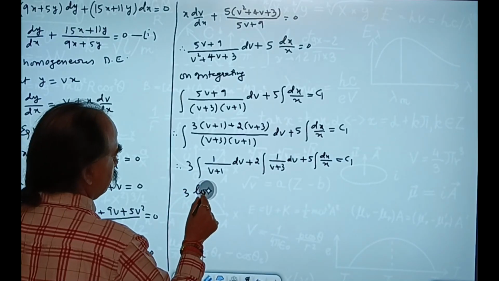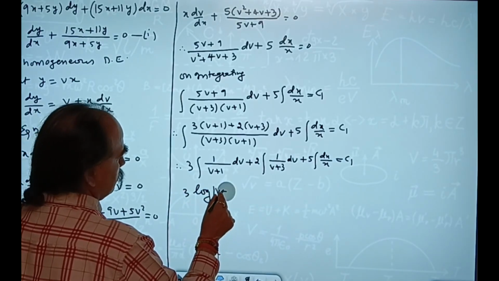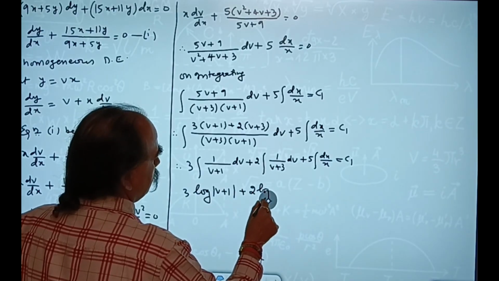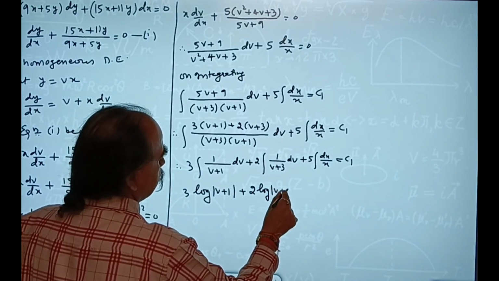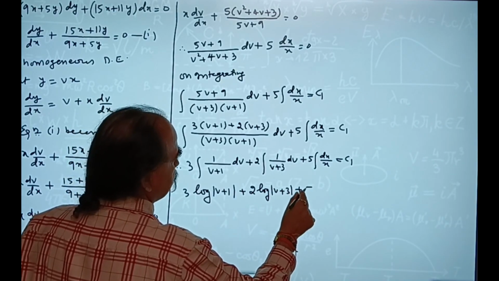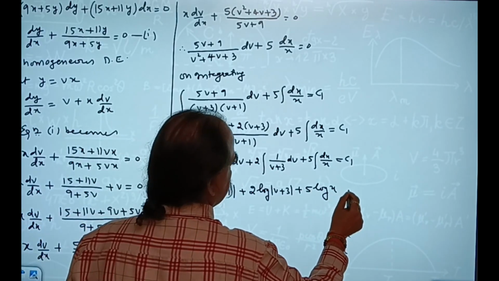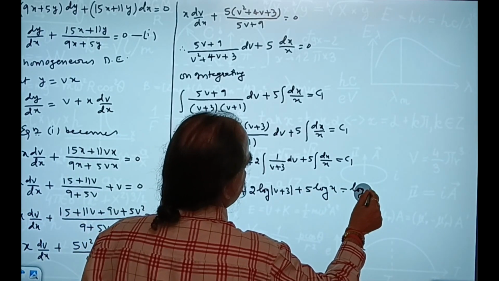This is 3 log v plus 1 plus 2 log v plus 3 plus 5 log x is equal to log c.